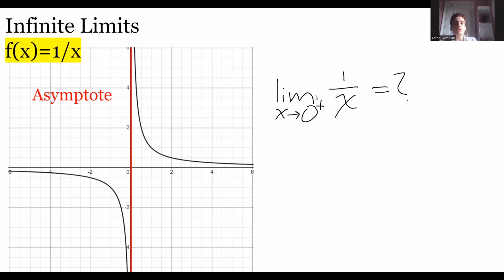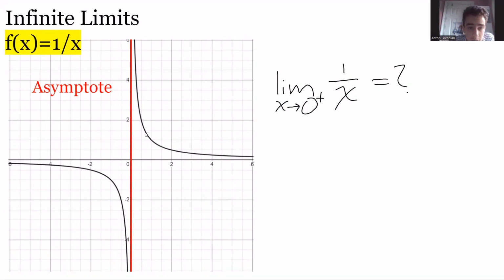All right. So if you have some time to think about this, notice that this actually approaches positive infinity, right? Yes, correct, wonderful. So the limit from the right-hand side of 1 over x should be positive infinity. This is because as x gets closer and closer to 0, this function gets bigger and bigger.